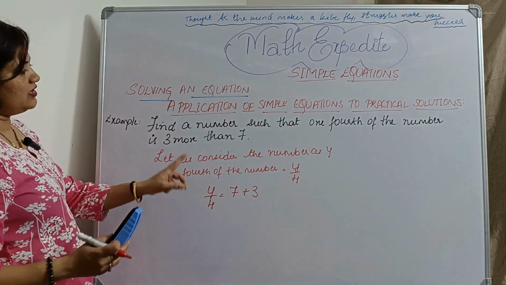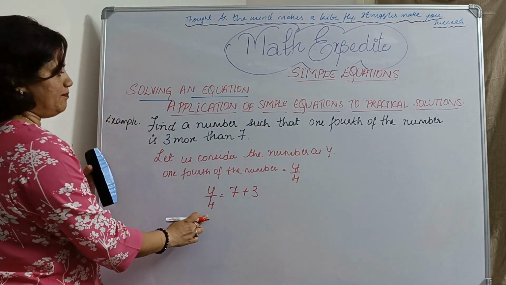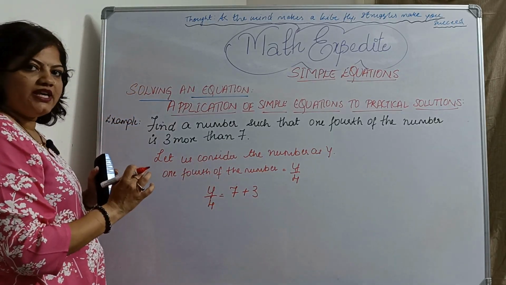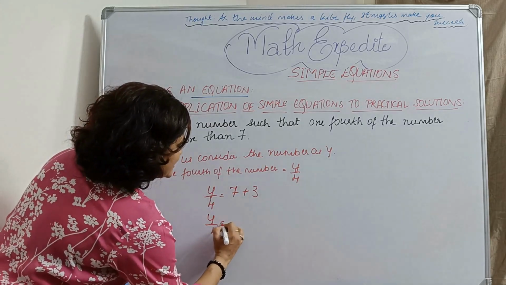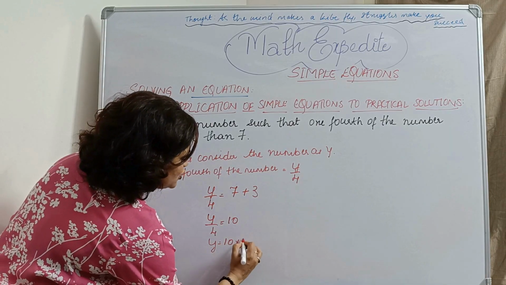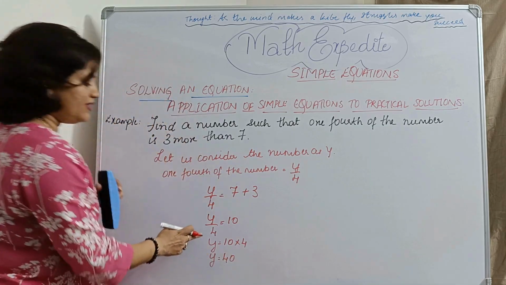Again, read the question. Such that 1/4 of the number is 3 more than 7. So we got the equation. Let us solve it. So y by 4 equals 10. So we know y equals 10 into 4. Y equals 40. What happened here?